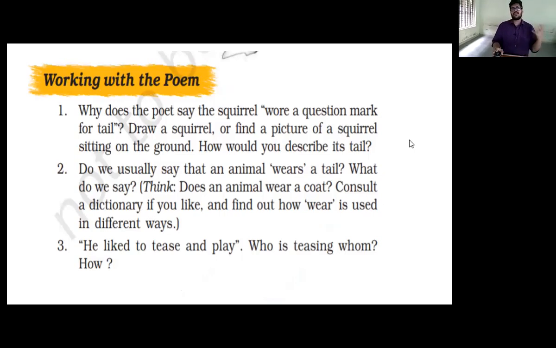The first question consists of different parts, and we will discuss the answer later. So it's time to discuss the next question. Second question, do we usually say that an animal wears a tail? What do we say? Think. Does an animal wear a coat? Consult a dictionary if you like and find out how wear is used in different ways. And the third question, he liked to tease and play. Who is teasing whom? How? Okay. So it's time to discuss the answers.